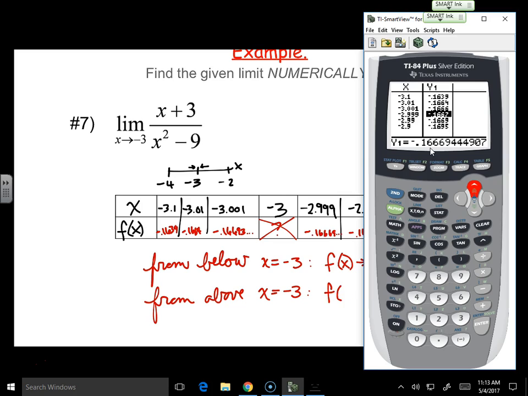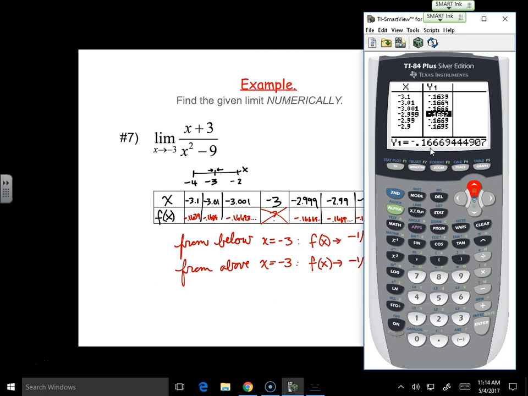From above, f of x is approaching, seemingly, -1/6. So from that conclusion, since from either side, from below, from above, whichever direction you come, it's approaching the same constant, then we can say the limit as x approaches -3 of x plus 3 all over x squared minus 9 is -1/6.